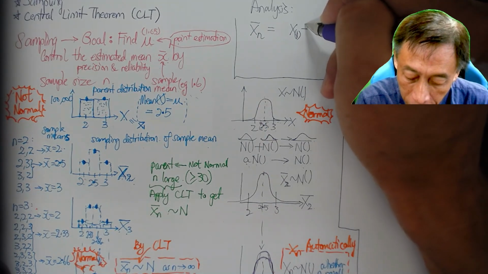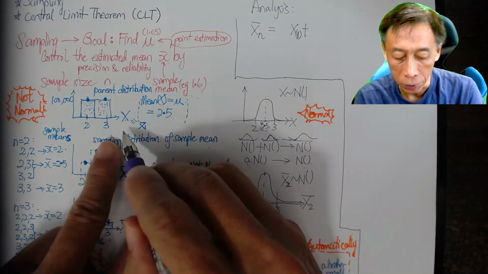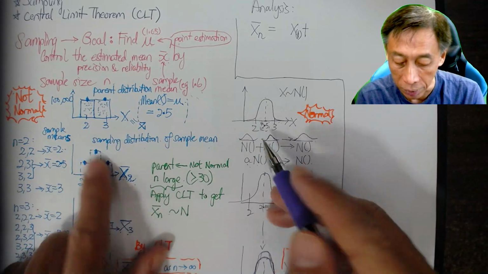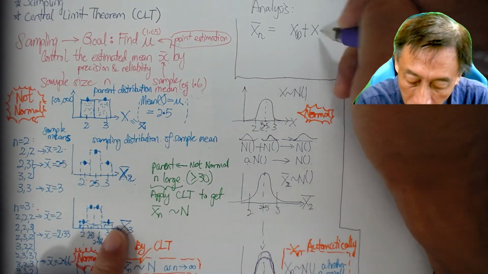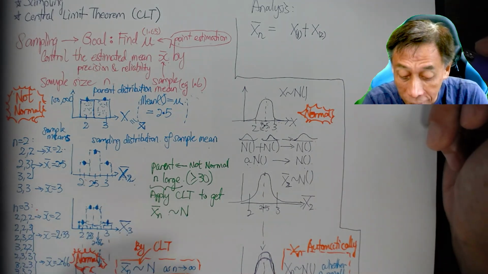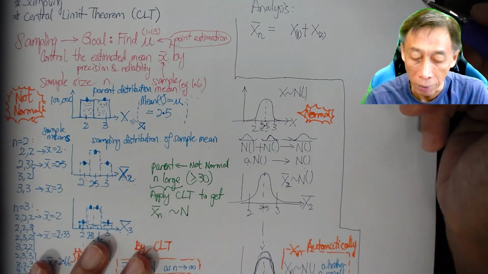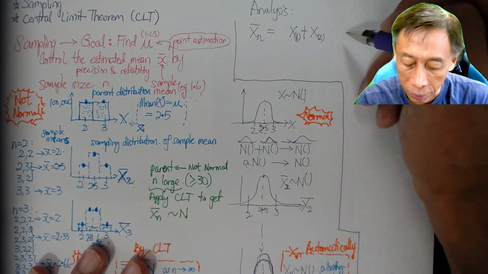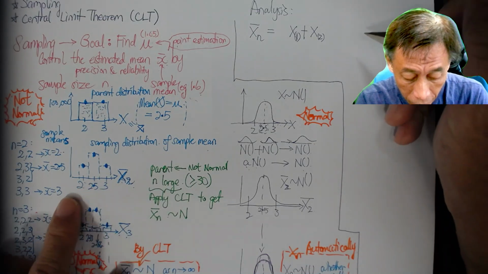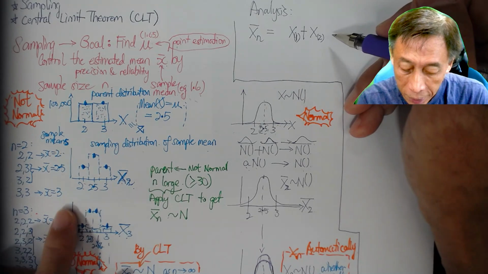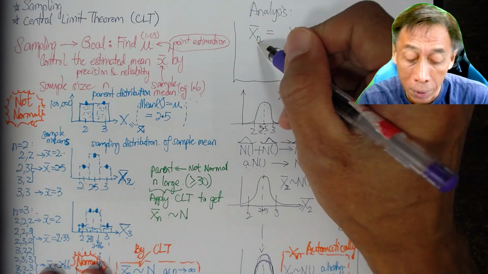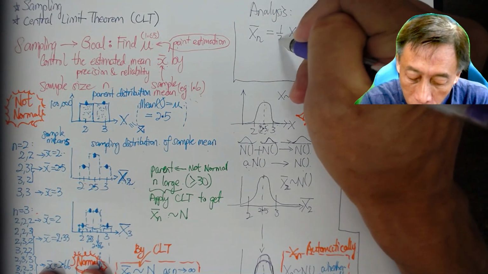Then I randomly pick another person from the same parent, so it's from the same distribution, but I note it as the second instance. And then I pick the third and fourth. If I pick only 2, then what happens? This is the sampling distribution of sample mean, so I want to take 1/2 here.